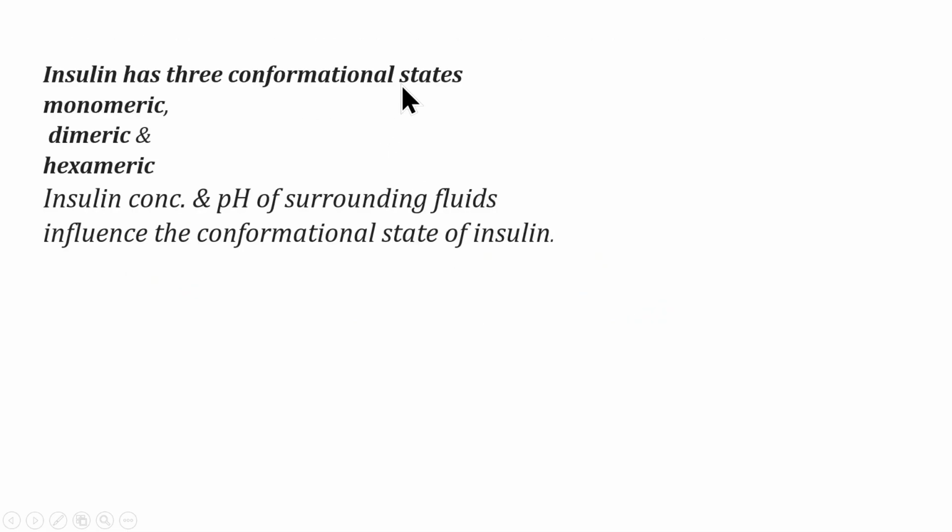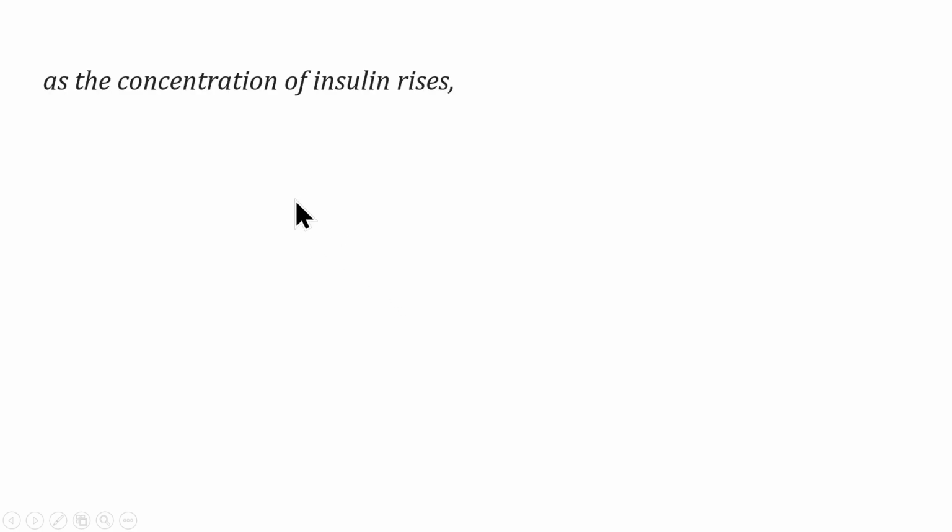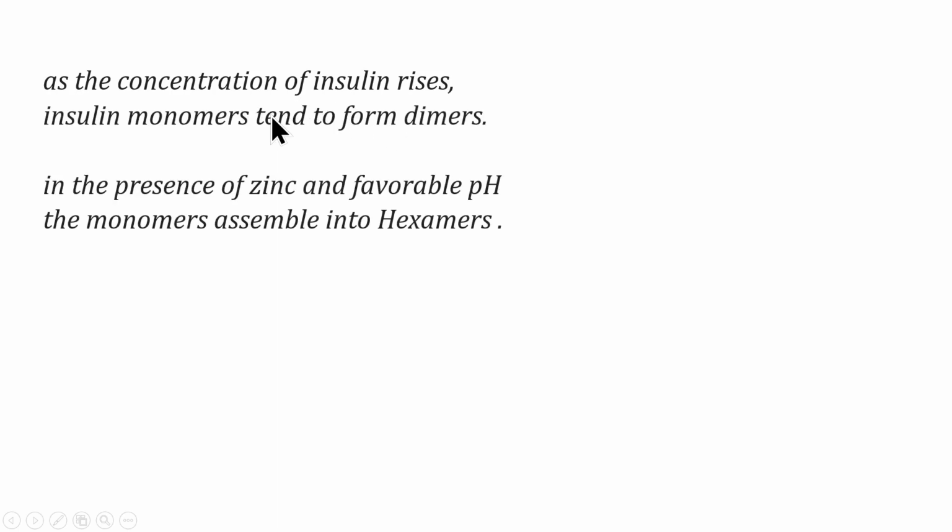Insulin has 3 conformational states: monomeric state, dimeric state, and the hexameric state. The state of insulin is dictated by the concentration of insulin as well as the pH of the surrounding fluids. As the concentration of insulin rises, insulin monomers tend to form dimers, and in the presence of zinc and favorable pH, the monomers will assemble into hexamers.